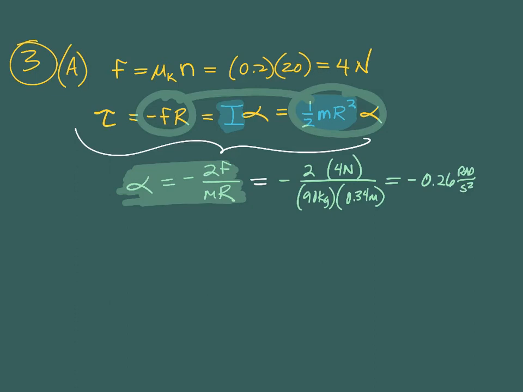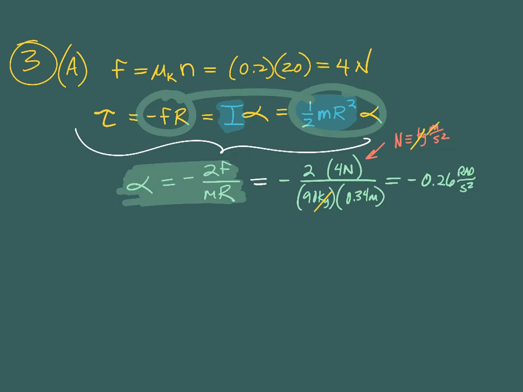Why is it radians, you say? Well, know that a Newton is defined to be a kilogram meter per second squared. So this kilogram and that kilogram drop out unit-wise.